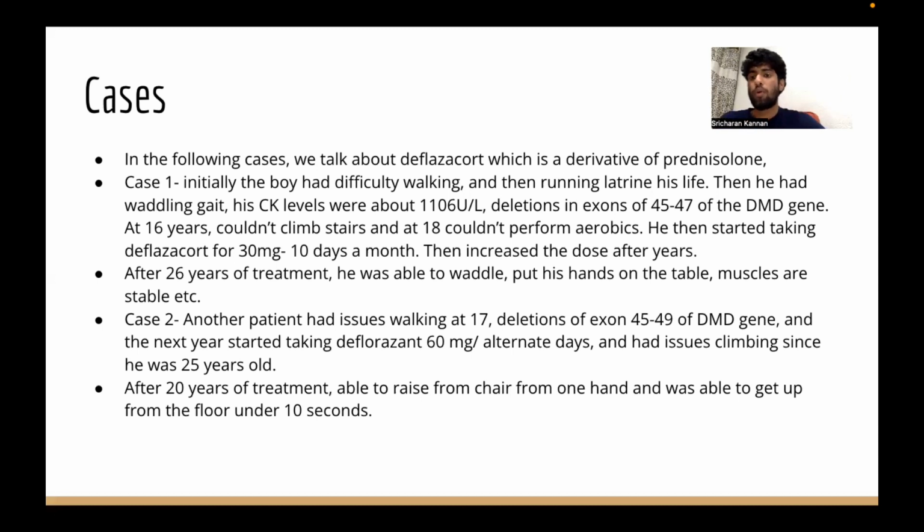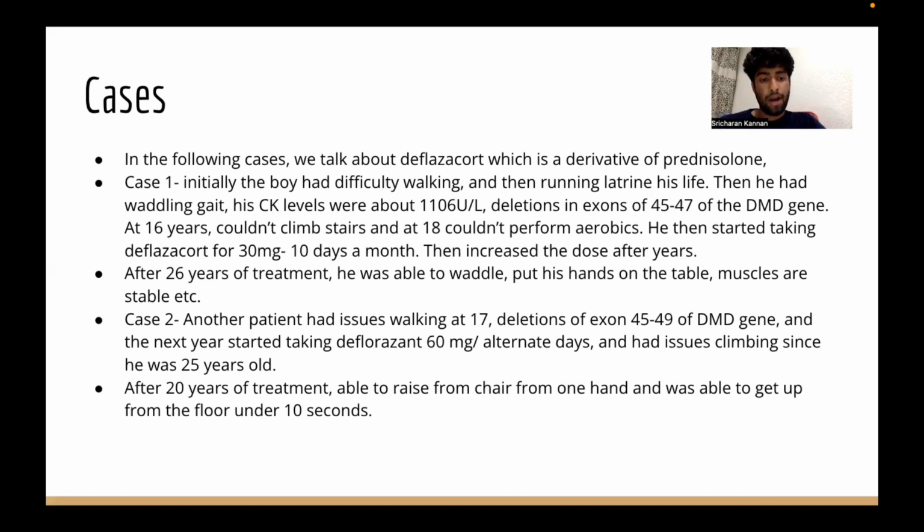As we know, we don't have any exact cure for BMD. After 26 years, he was able to waddle, slowly walk, and put his hands on the table. It's kind of hard for him to move, but it's been said that his triceps, biceps, and other muscles are stable.